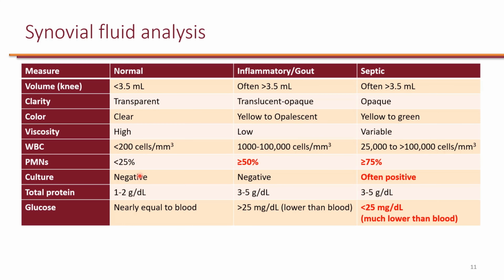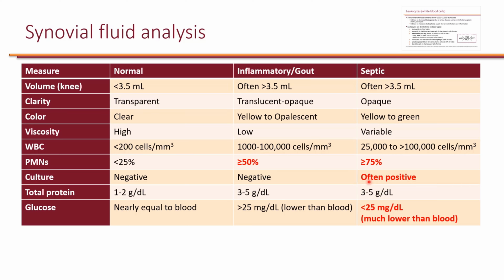Synovial fluid analysis can be used to distinguish septic arthritis, which is infectious, from non-infectious inflammatory arthritis, often due to gout. The way you can distinguish between septic arthritis and inflammatory non-infectious causes such as gout is, for example, when you get a culture of the synovial fluid, obviously nothing will be growing in a non-infectious cause, but it will often be positive in septic arthritis.